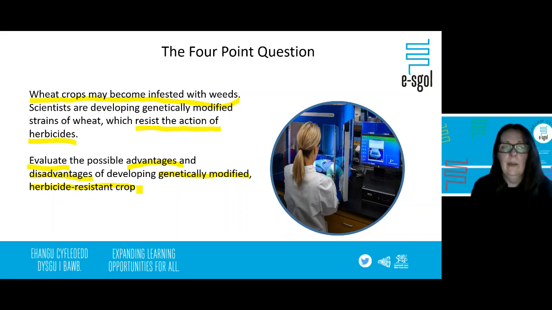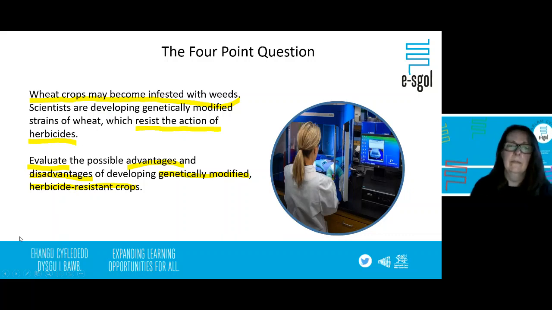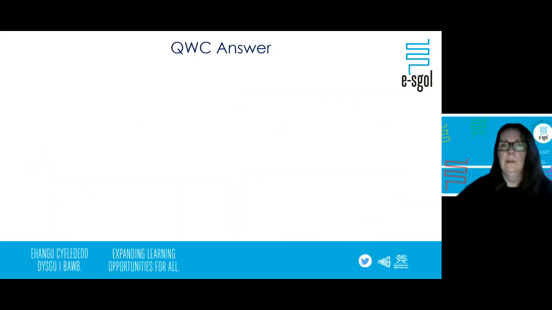So what we need to think about here are the advantages and disadvantages of developing those types of crops. Okay, so now would be a good idea to pause the film, write down your ideas, your advantages and disadvantages, and then evaluate them. So you need to summarise those key points. Let's have a look now at what our possible answer might be and what we might include.